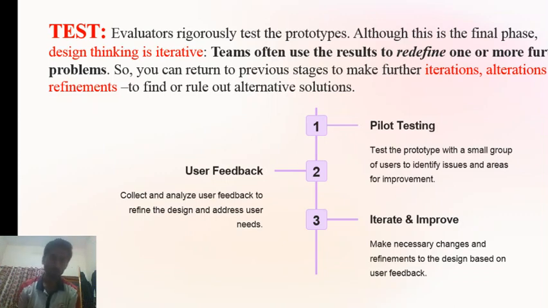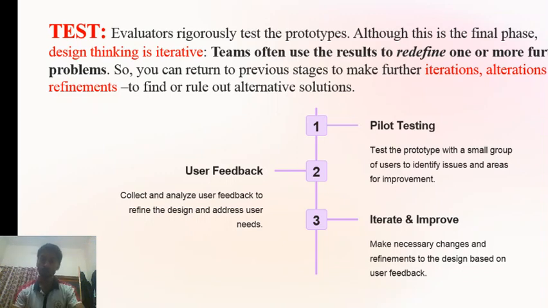The first test is pilot testing. Pilot testing means we test the finalized prototype by sending it to a small group of users, or a small group of people. Suppose there is a mobile prototype available, we send the mobile to some users.